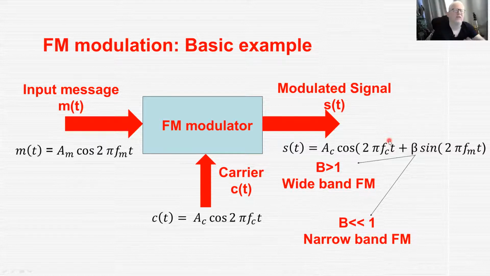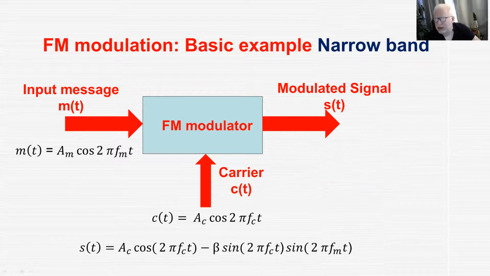Herein, we classify our FM modulation into 2 categories with respect to beta. For beta very small with respect to 1, we have what we can call narrowband FM modulation, and with beta greater than 1, what we can call wideband FM modulation. And we say that wideband FM modulation is somehow out of focus with respect to our course.